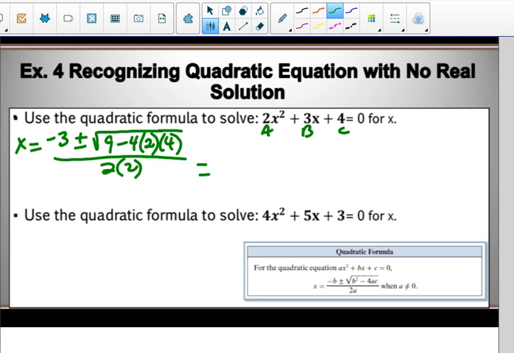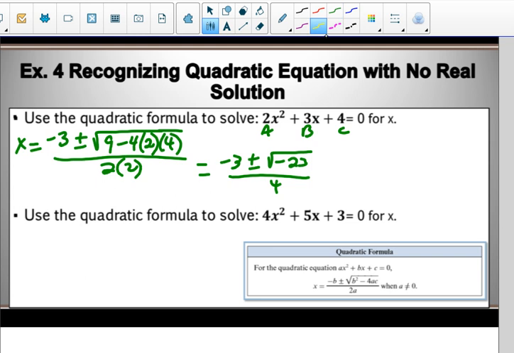So this gives us a -3 plus or minus 9 minus 32, because 4 times 2 is 8 times 4 is 32. 9 minus 32 is the square root of a -23 divided by 4.